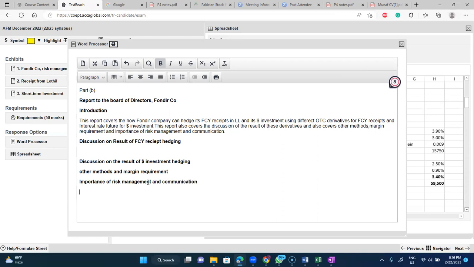Okay, then at the end, you will write the conclusion. Okay, that's how you will write your report. And when you are referring to the result, you will refer by writing appendix number 1 or appendix number 2.